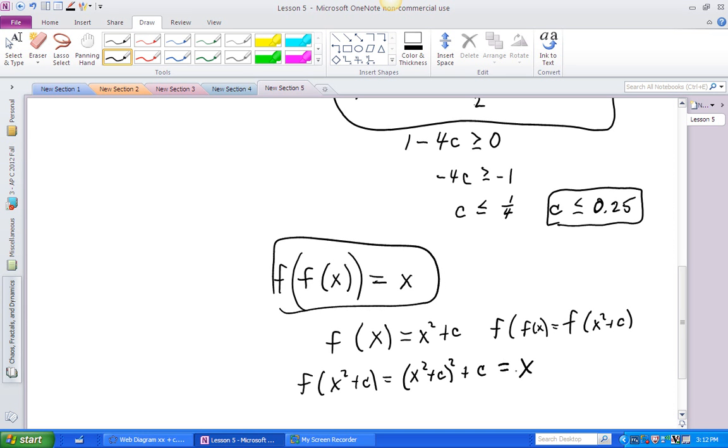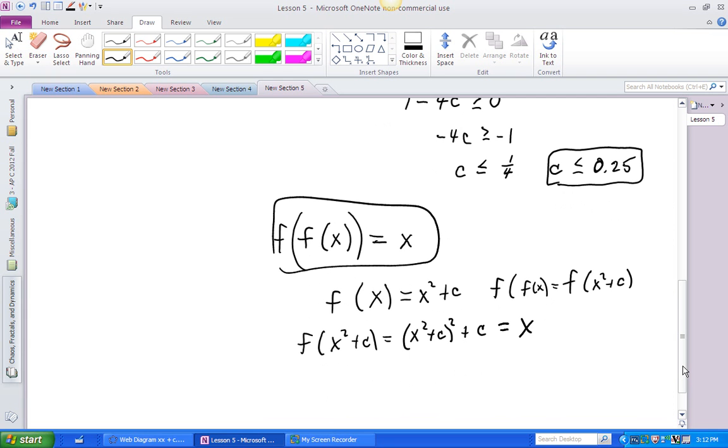And so all I have to do is solve that equation for x to find out where I have a 2-cycle, an exact precise 2-cycle. So let's look at that right now.